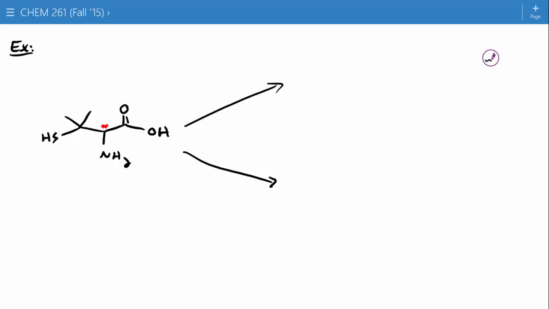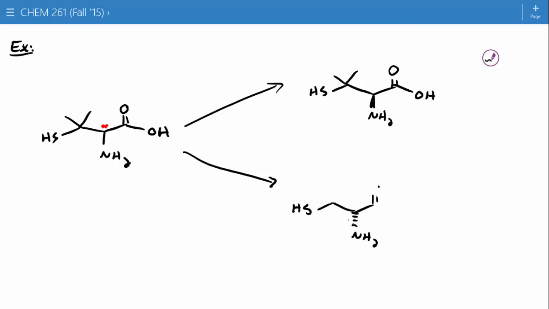We've got two different types of this molecule. We've got one where the NH2 could be a wedge. We've got another where it could be a dash, right?